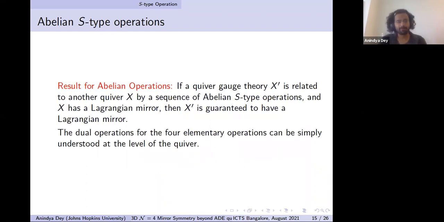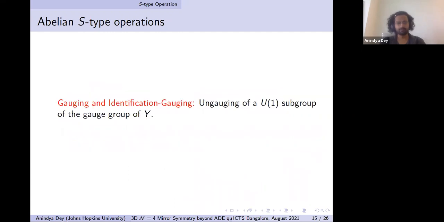Now, for Abelian operations, there are very clear recipes for the 4 types of dual elementary operations that I mentioned earlier. So the dual operations for these 4 elementary operations can be very simply understood at the level of the quiver.